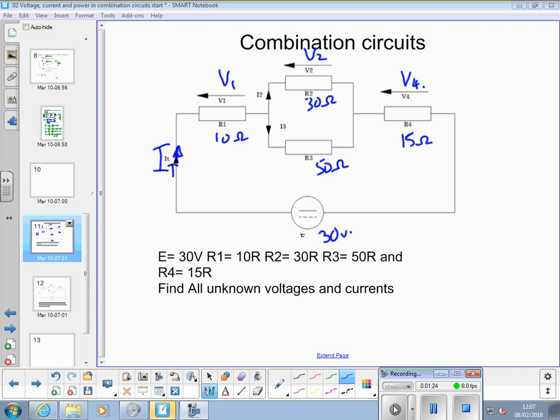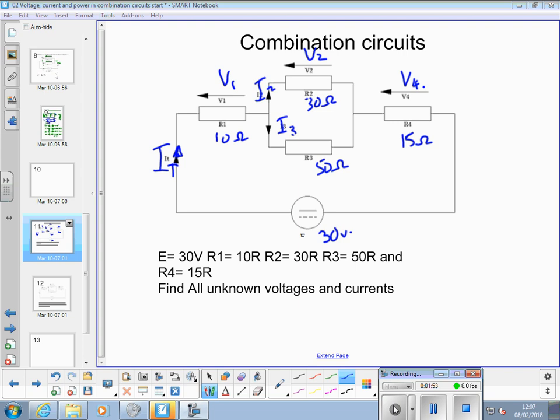And we've got I2 and I3, the branch currents in the parallel part. So we combine the two in parallel.